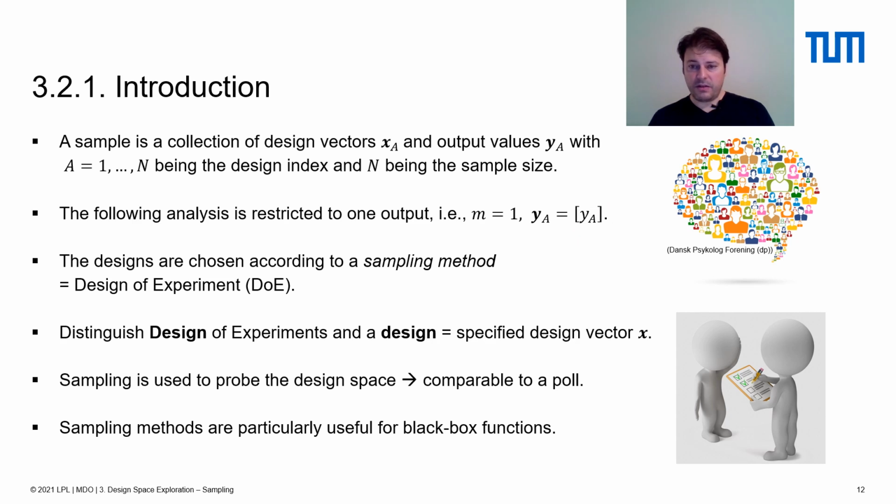And this is all you need. So you don't need gradients, you don't need analytical information about your function. And this is what makes sampling methods particularly helpful for the analysis of black box functions that we typically have in our optimization problems.